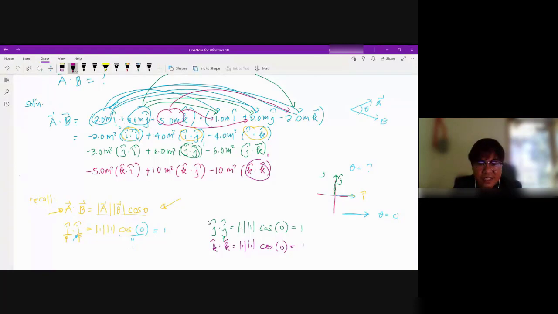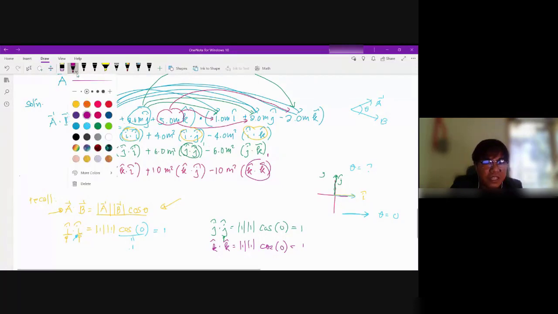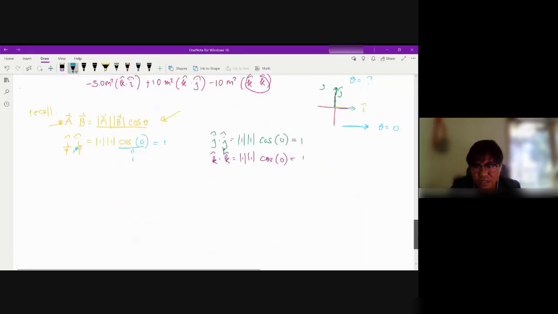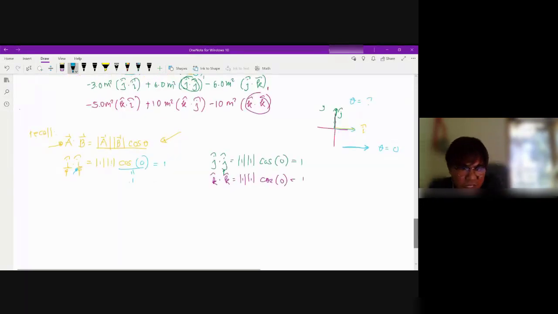Okay, remember that. Now, how about the others? For example, i dot j. Let's look at i hat dot j hat.